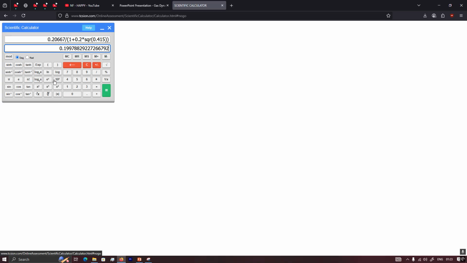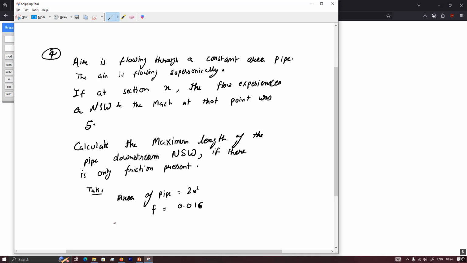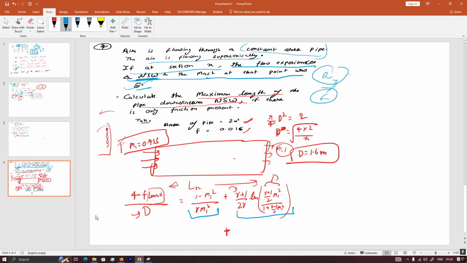Now I have to take the log of it, ln, multiplied by gamma plus 1, so 2.4 divided by 2.8. So this thing is coming to 1.38, which is negative. So this is negative 1.38.